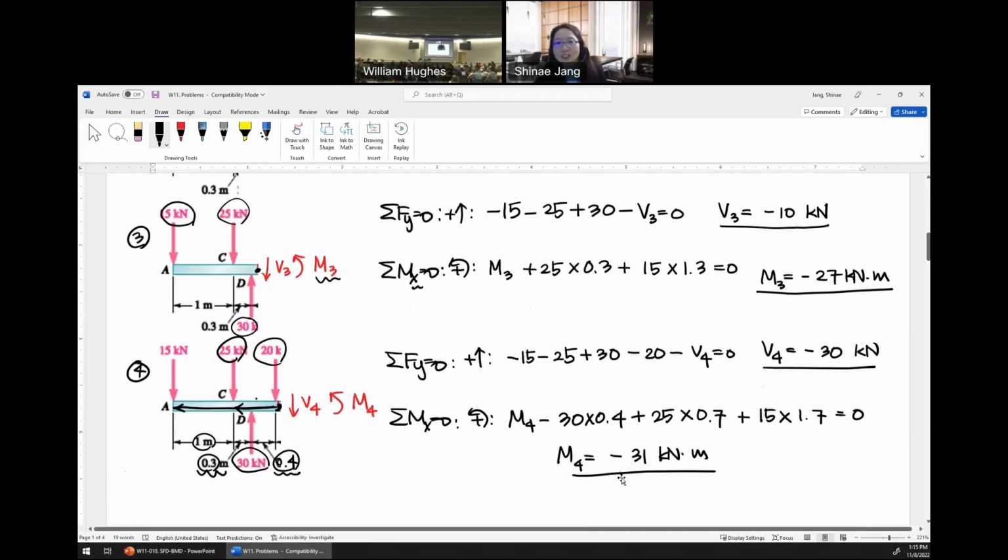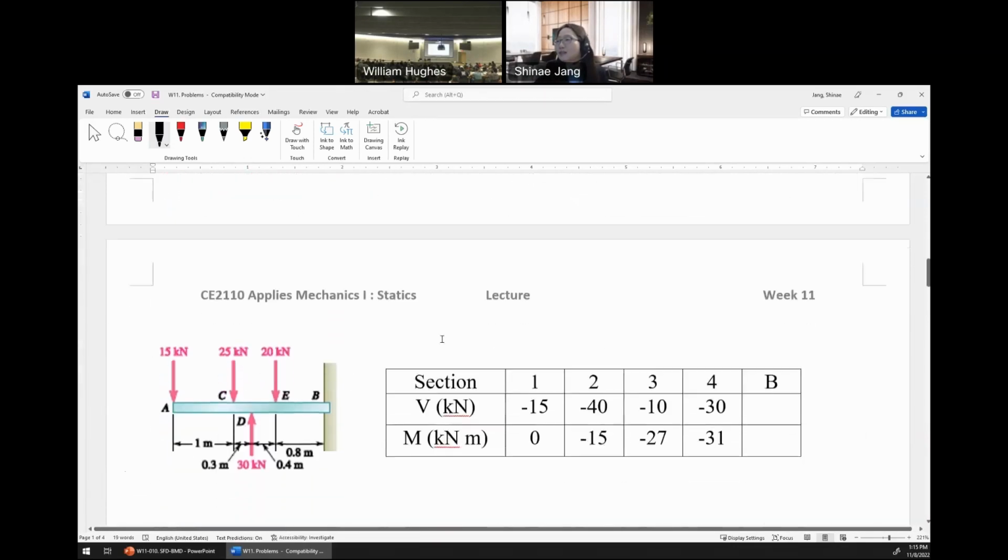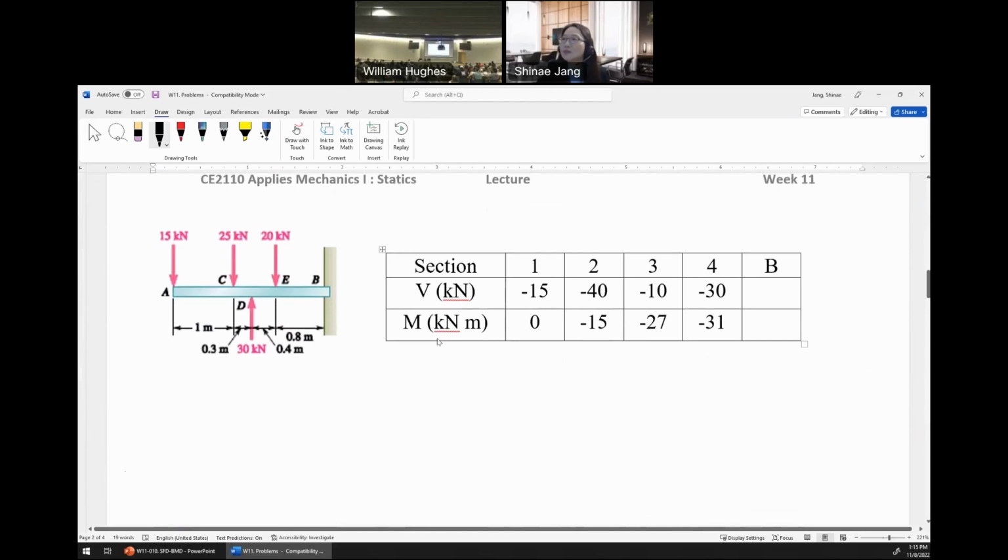So did you get these numbers? Okay. Now we are done with finding these points, and it's time to plot the shear force and bending moment diagram. So let's check.